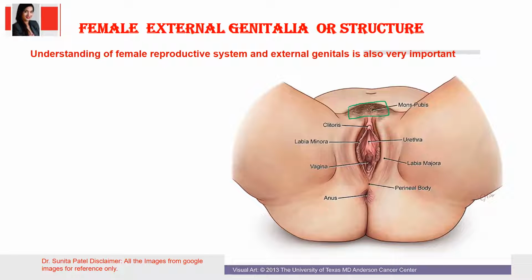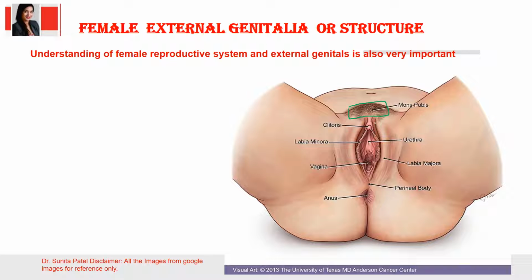In that fat layer we have small glands, and the fat layer is covered by subcutaneous tissue. On top of the subcutaneous tissue we have skin, and on top of the skin we can see the hair. All this part is called the mons pubis.